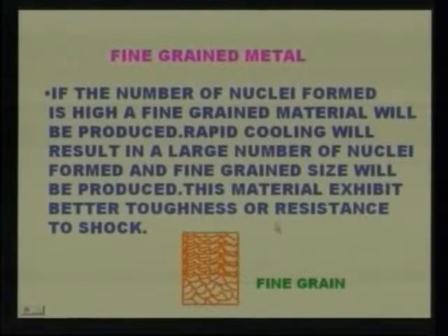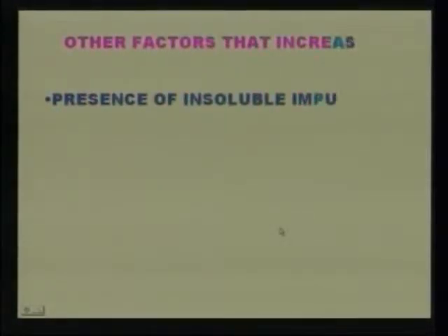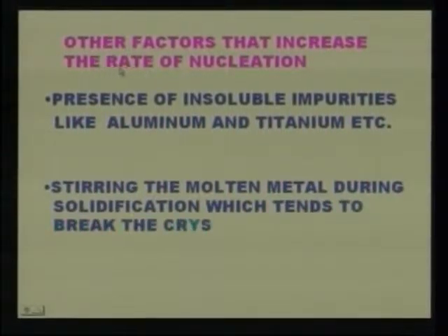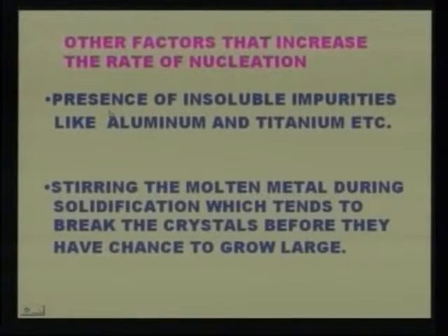use in different applications. Now let us see what are the other factors that increase the rate of nucleation. So the other factors are presence of insoluble impurities like aluminum and titanium. See, in pure metal only one metal is present, but if the metal is mixed with another metal, then we can say it is called an alloy.